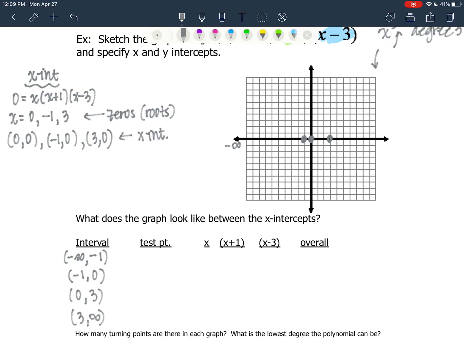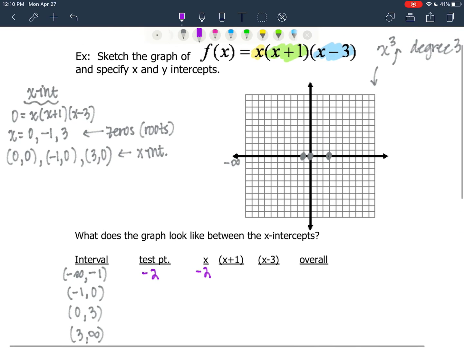Now, if I go to the left of -1 on the x-axis, and let's say I choose -2 as a test point. So here's -2 right here. If I put a -2 in, x is -2. X plus 1, my next factor, is -2 plus 1, which is -1.